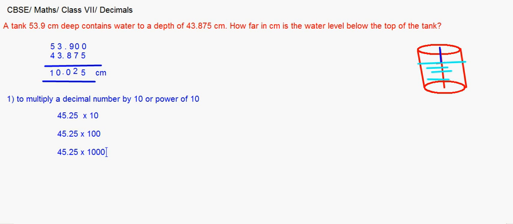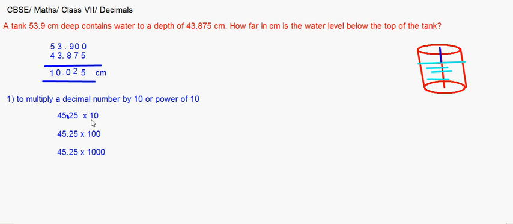When we are multiplying with 10 or a power of 10, the decimal point moves as many places to the right as the number of zeros in the multiplier. Now in the first example, 10 has 1 zero.